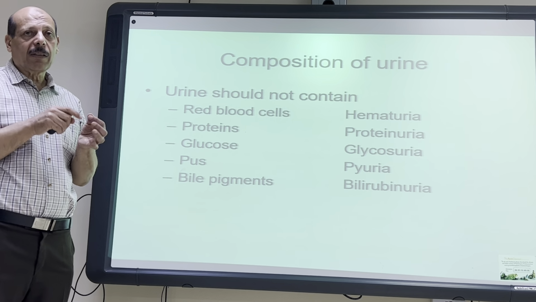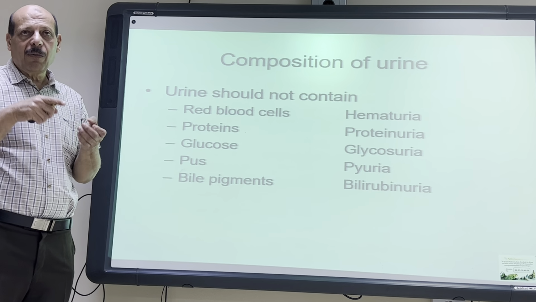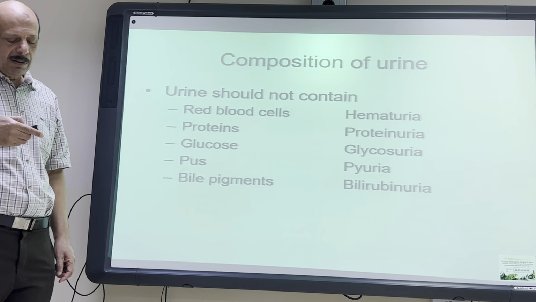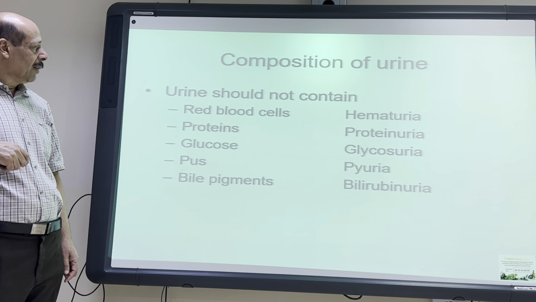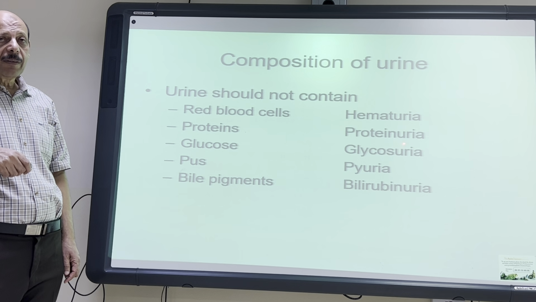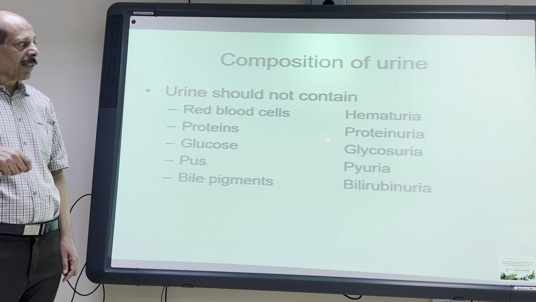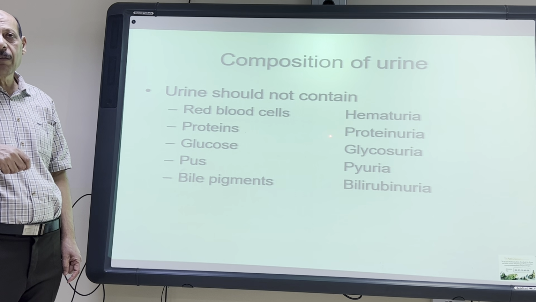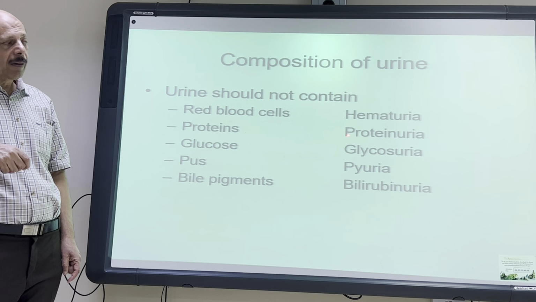In case of cancer, sometimes what will happen? It will invade the wall of the blood vessels, so leakage of blood cells will be there. Protein is called proteinuria. It happens in case of nephrotic syndrome, which is one of the diseases of the kidney.